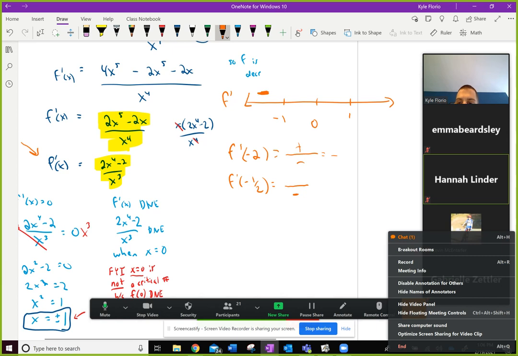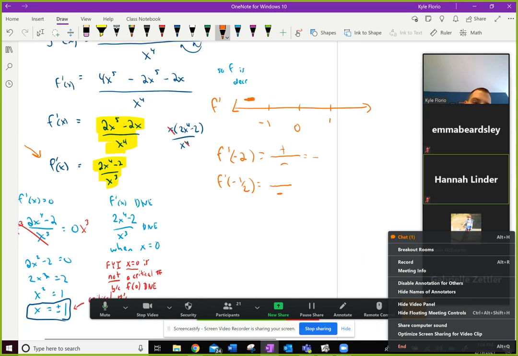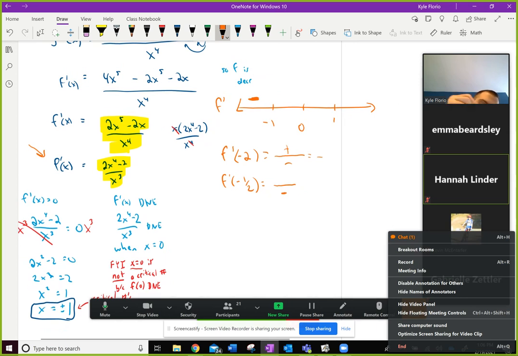If I do -1/2 to the 4th power, that's -1/2 times -1/2 times -1/2 times -1/2, -1/2 four times. So it's going to be a positive number, 1 over 16.